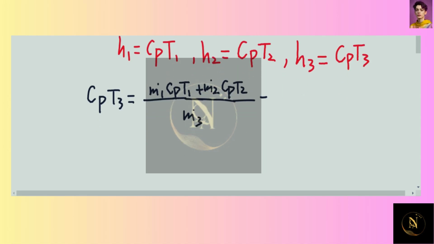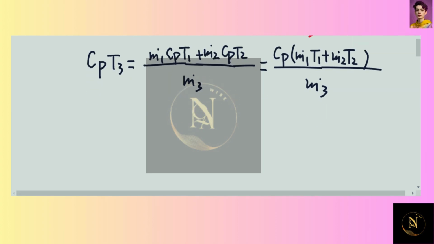And then we know this can be equal to, we can take Cp out, so it's Cp times M1 dot T1 plus M2 dot T2, and then over M3 dot. And then we can divide by Cp on each side.